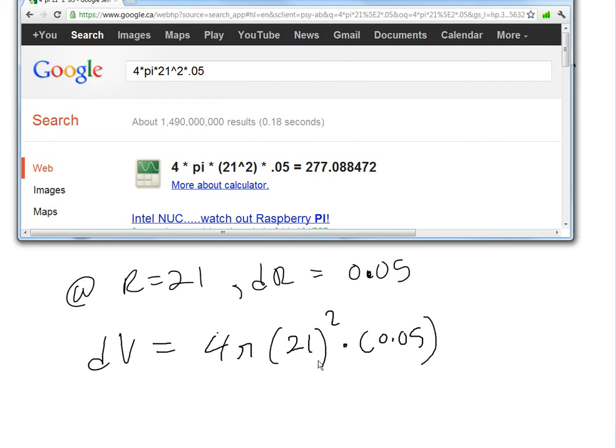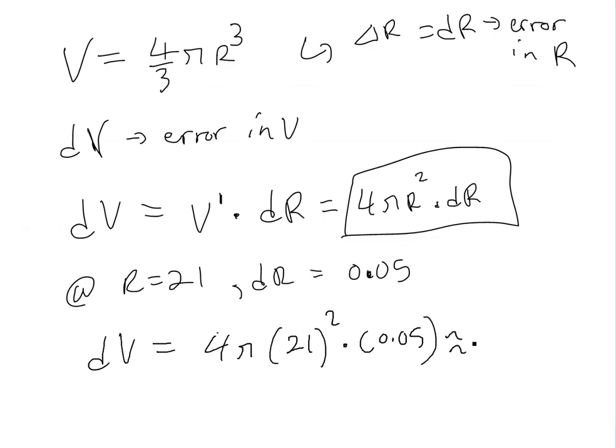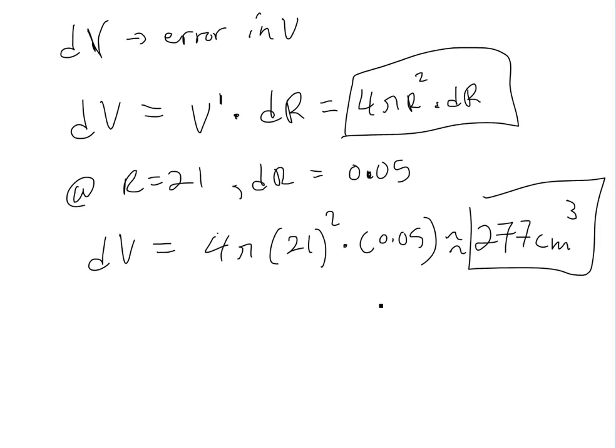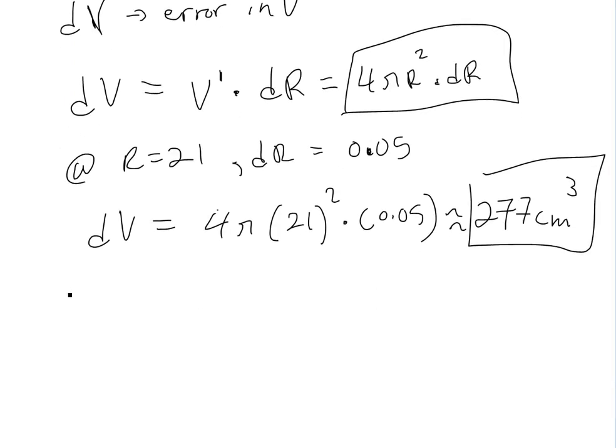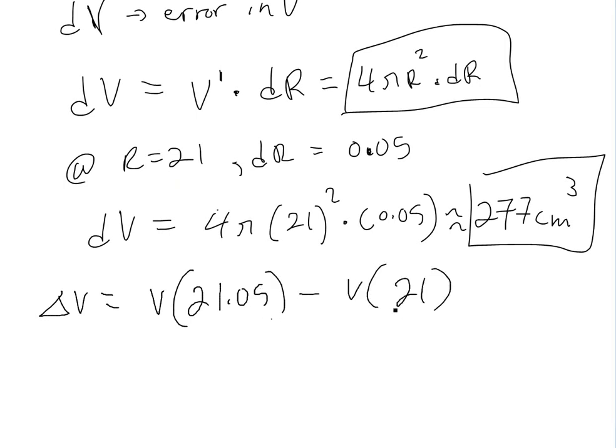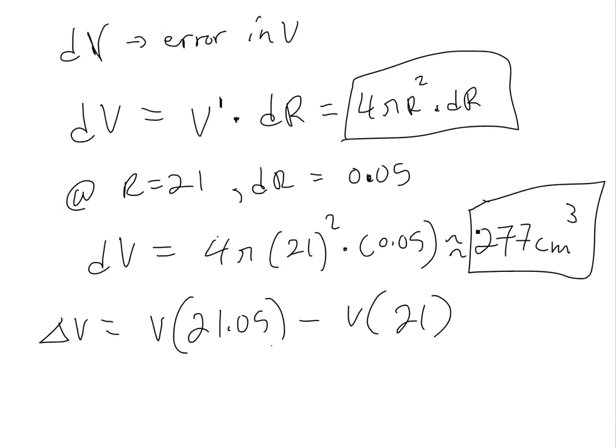So yeah, 277, around 277 cm cubed. If you didn't use the linear approximation method, you would have to do delta v equal to v of 21.05 minus v of 21, and then plug this into the calculator. That's a bit harder. And this one you could just do directly like this.